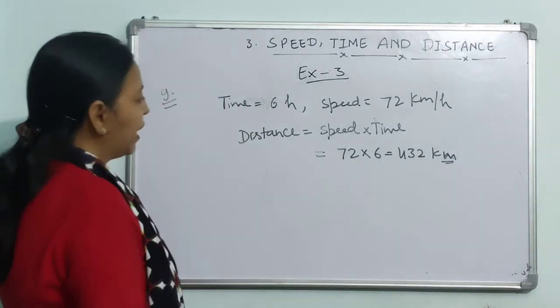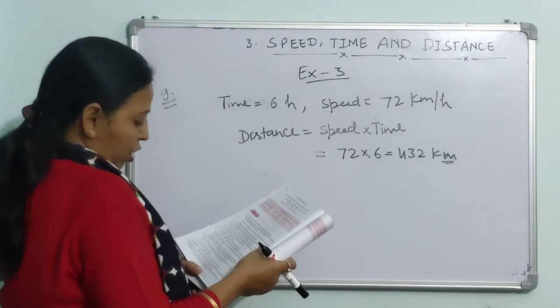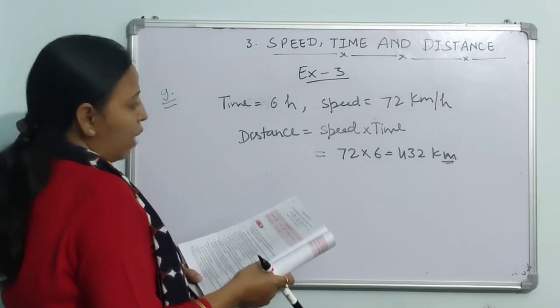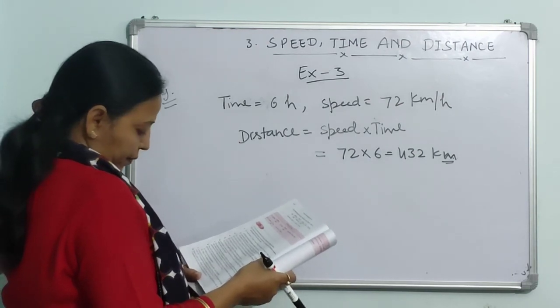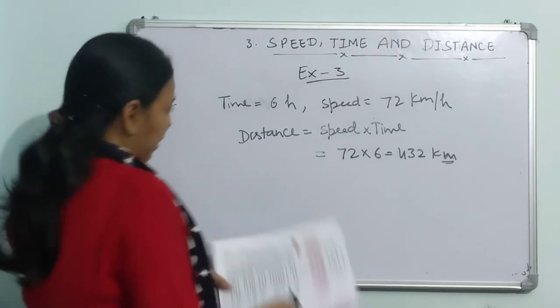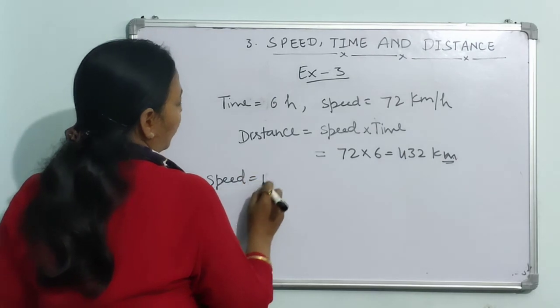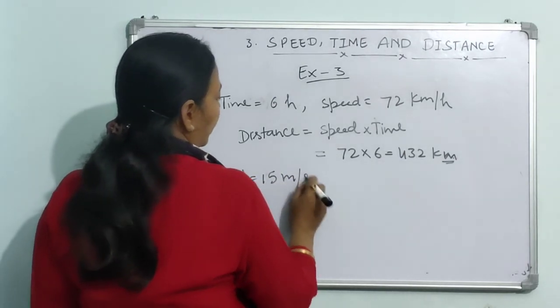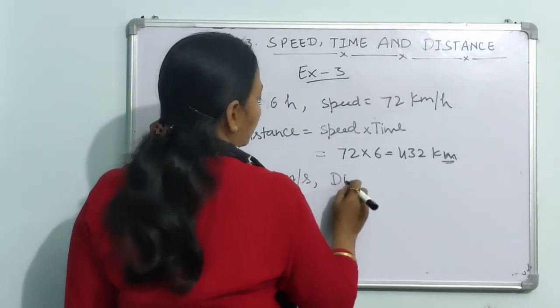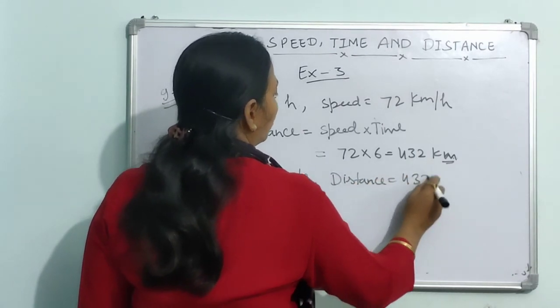Now in the second part it is given that it is traveling with a speed of 15 meters per second, sorry, 15 meters per second, and the distance is 432 kilometers.